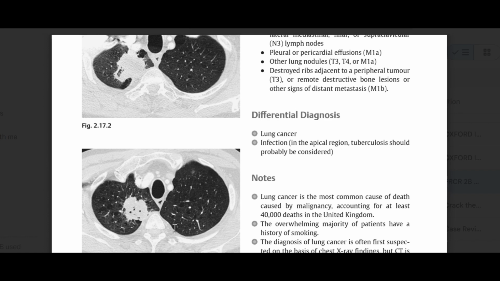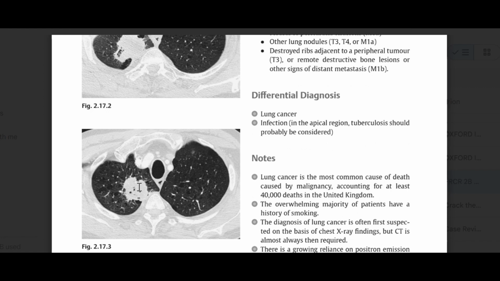Okay, so in this case, you can see that the Pancoast tumor can invade the apex of the lung and the pleura, and can also invade the first rib, and the lower cervical nerve roots and the upper thoracic nerve roots of the brachial plexus.